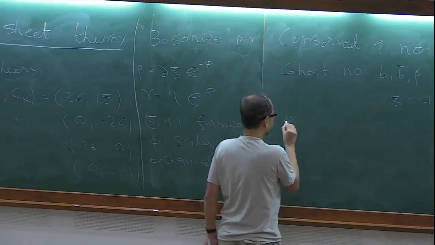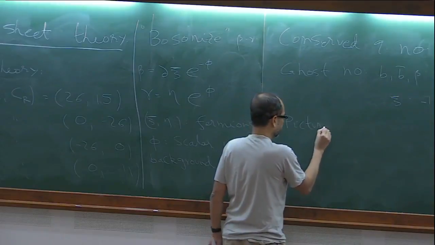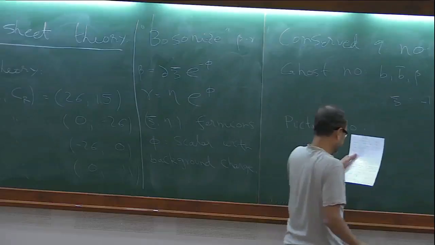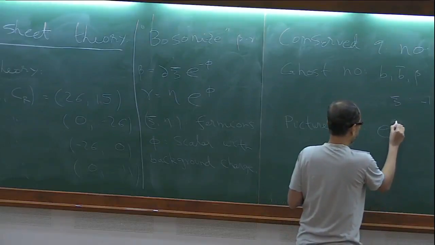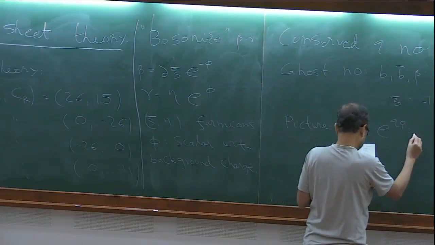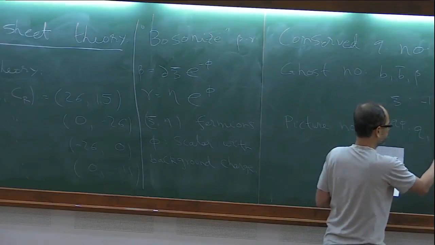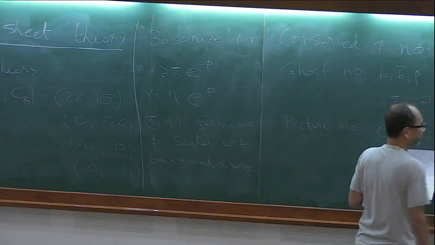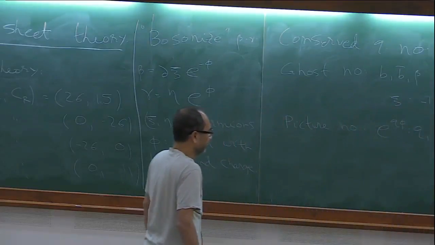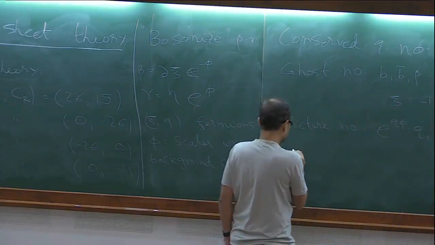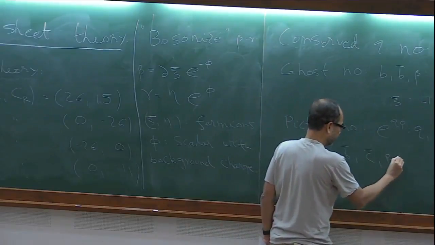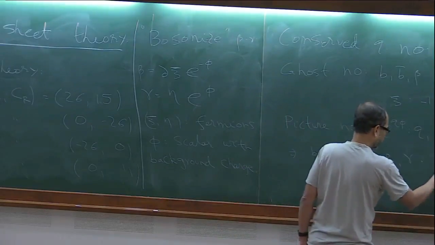And we also assign something which is called picture number. The picture number of e to the q phi is q, xi has 1, eta has -1. And this means that b, c, b bar, c bar, beta, gamma have 0 picture number.